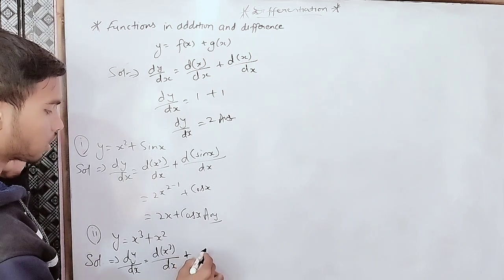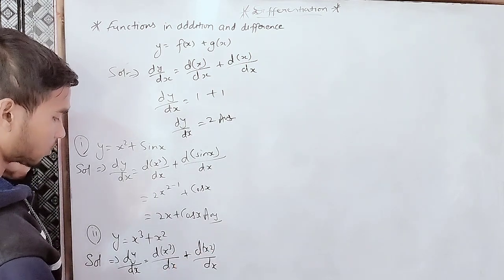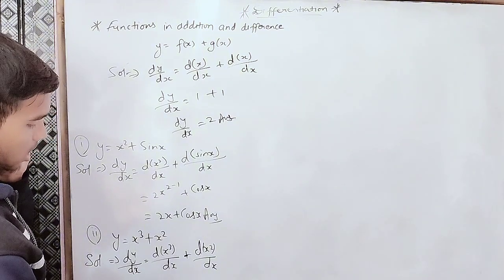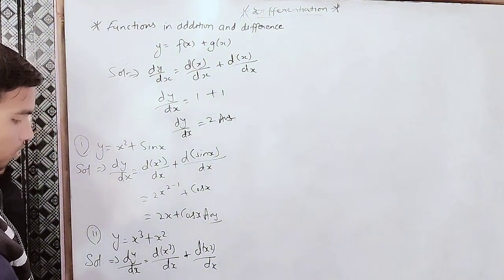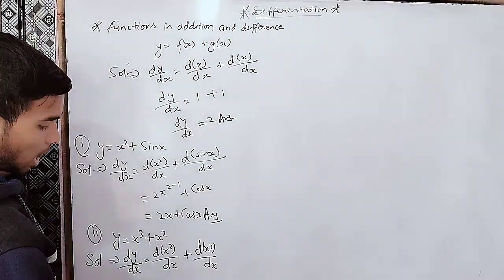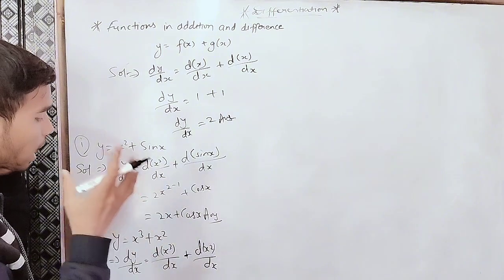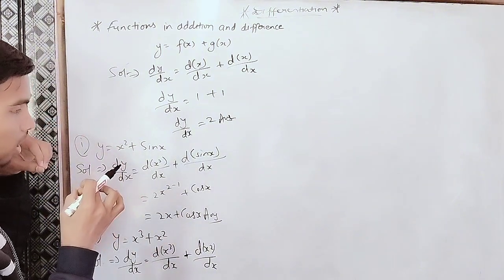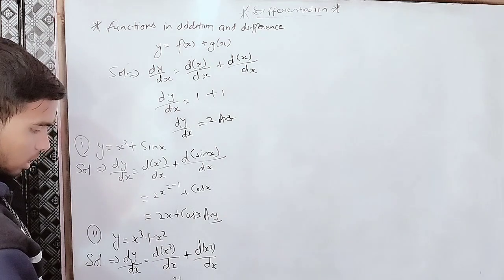Then we will do a differentiation of x square. The exponent will be written with the base. Then after writing the base, we will reduce the exponent, whatever we have, by 1. 3 minus 1.